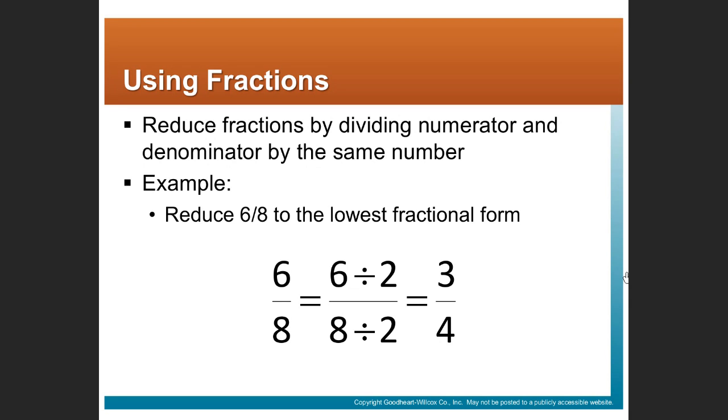So again, if we divide top and bottom by 2, we can reduce 6/8 into 3/4. And as you'll see in a minute, when we start adding and subtracting fractions, they all have to have the same number in the denominator for us to be able to work with them.